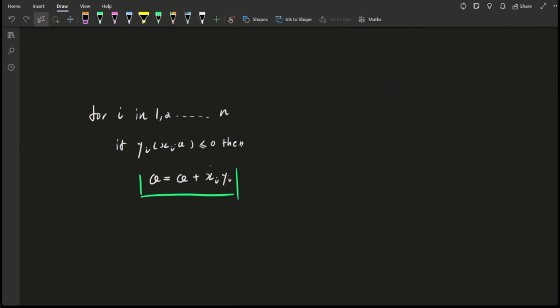What are xi and yi? Okay, so xi is your data point for one particular case. It's just the coordinates of the point, right? So maybe 1 and 2 or something like that. That means if you have a plane, I just write x1, so it will be 1 and 2, right? So this is where your data point is. And yi is the class of this data point, so it's either 1 or -1.